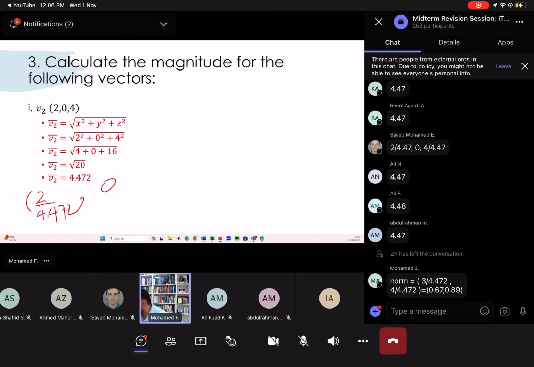The second point will be 0, because 0 over anything is 0, and 4 over 4.472. And that's the normalized point. This is the fourth question. We have merged them together, so we can jump to Octave.